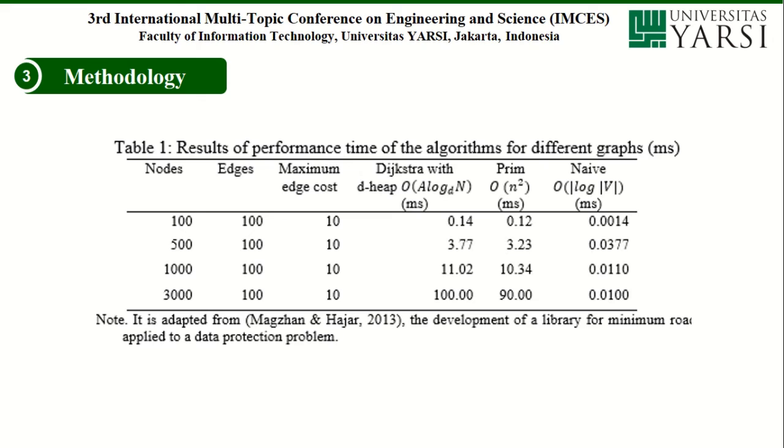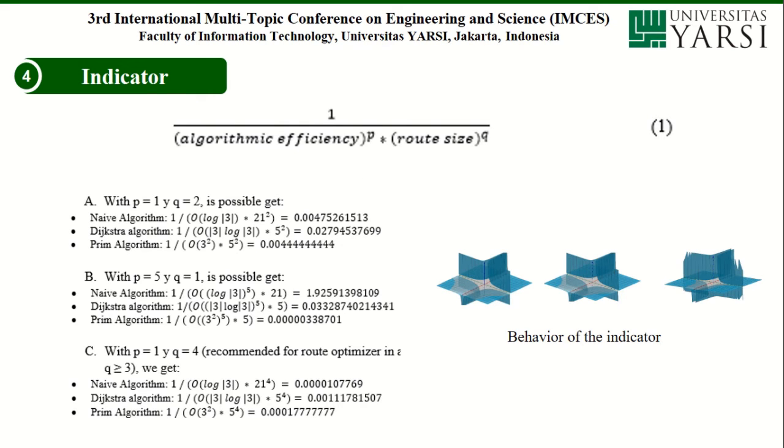Initially, it was enough to analyze one of the indicators to choose the algorithm. In the procedures, we found the algorithm: 1 over algorithm efficiency power p, the parameter p, times the road size powered to parameter q.